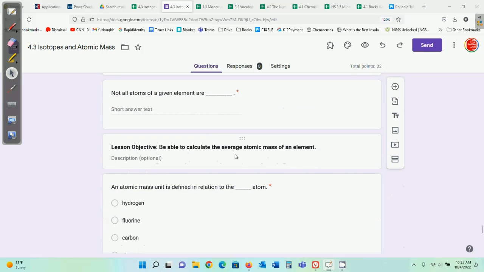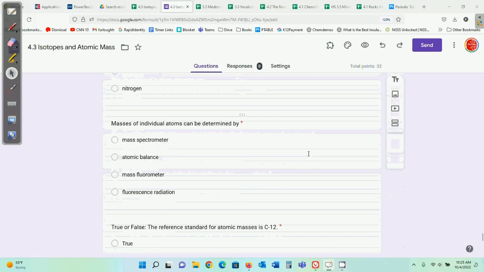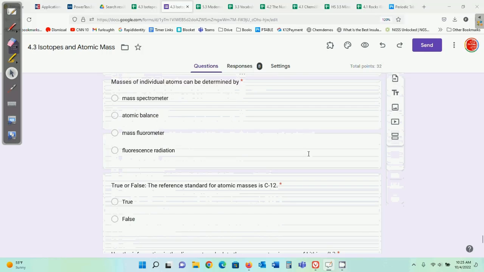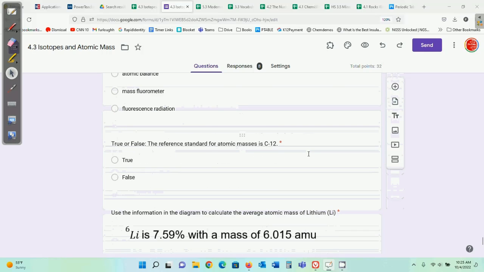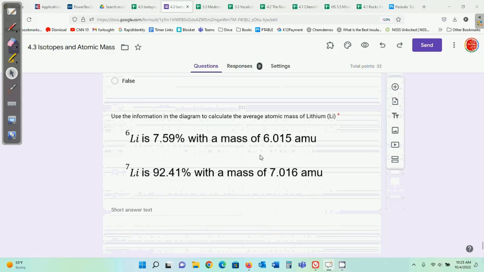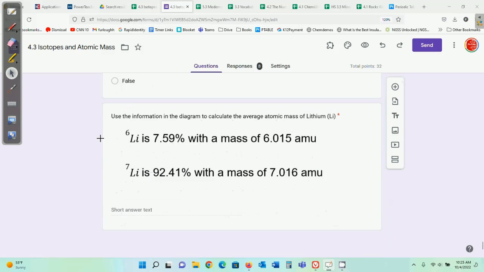Be able to calculate the average atomic mass of an element. Now, I think this was harder for some people. So like we had a problem here and you had to work this out. So let's take a look at that on the board.